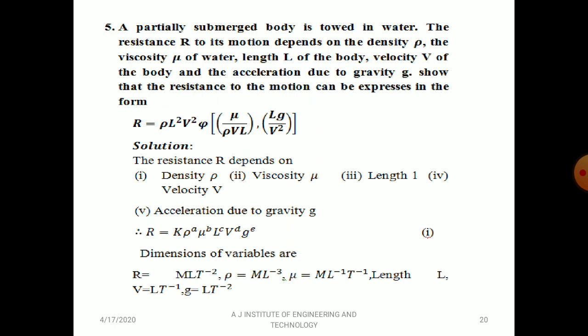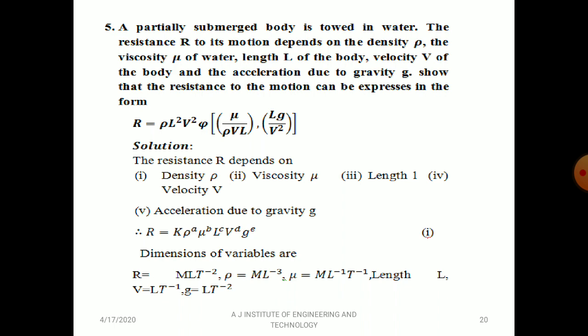So this is a partially submerged body, so resistance to its motion is dependent on rho, L, v and g. So to express resistance in terms of rho, L, v, mu and again g. Here resistance is a dependent parameter, whereas density, viscosity, length and velocity, and also acceleration due to gravity, are independent parameters.